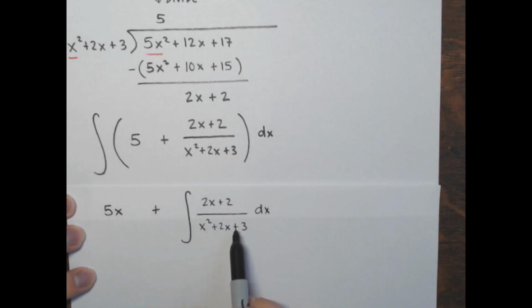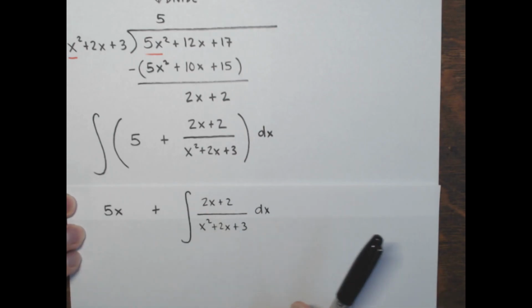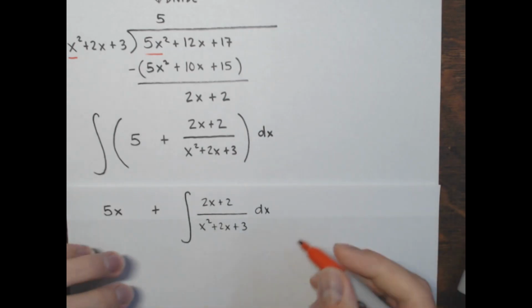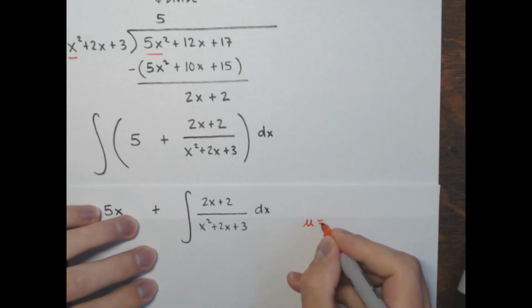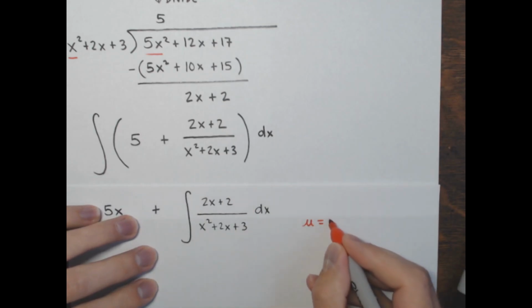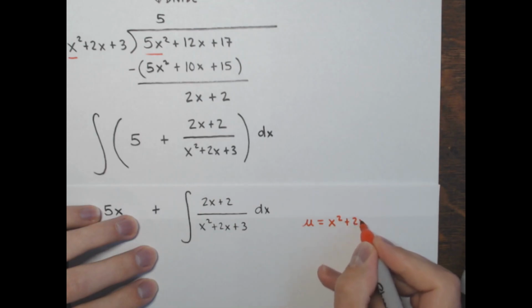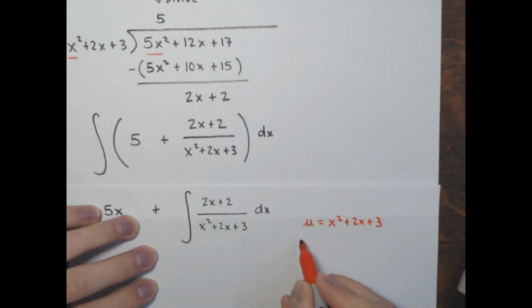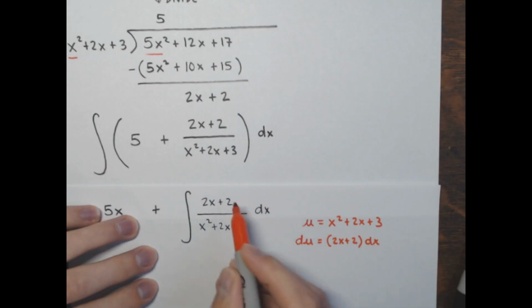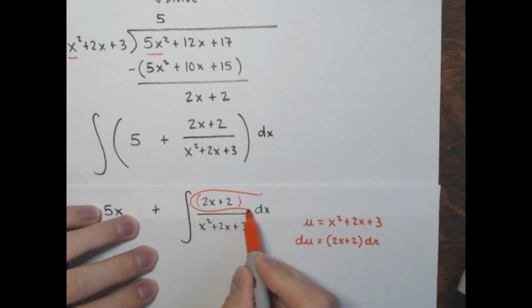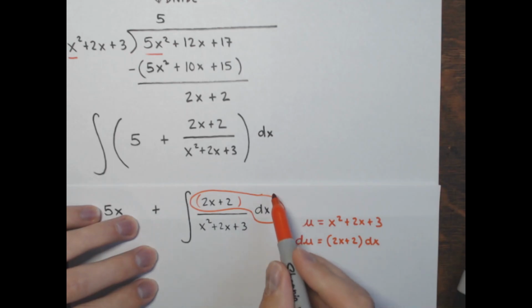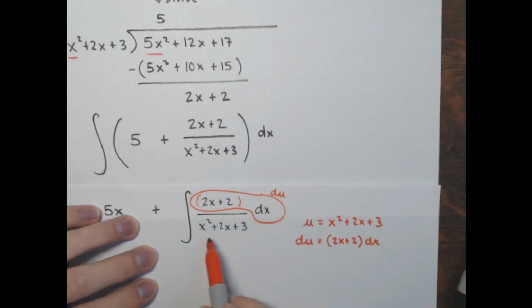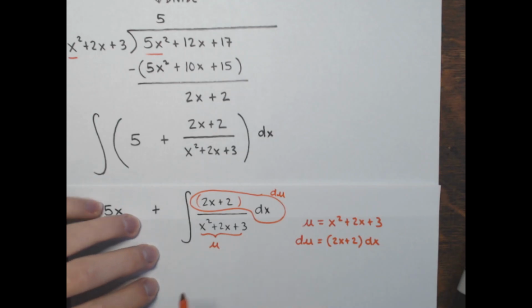The derivative of the denominator is the numerator. So look at this u-sub I'm going to make. If I replace the denominator with u, say u is x squared plus 2x plus 3, then du would be 2x plus 2 times dx, and that's exactly what we have in the numerator. So we have du in the numerator and u in the denominator.